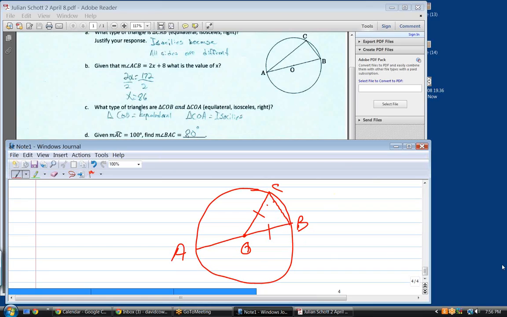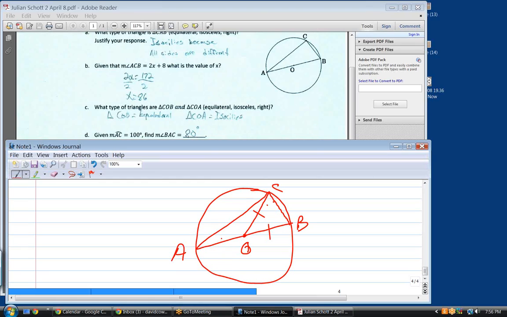COA, I'm going to have to reconnect that. Okay. What kind of triangle is COA? I have no idea. Well, what's the relationship between AO and OC?